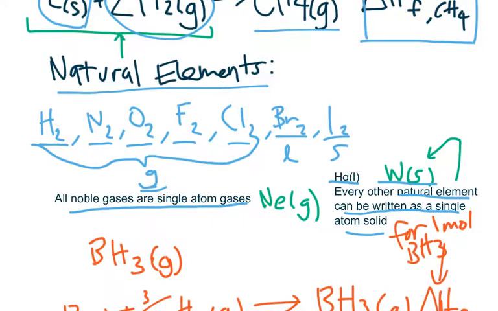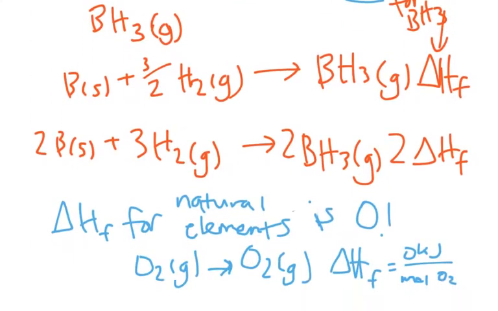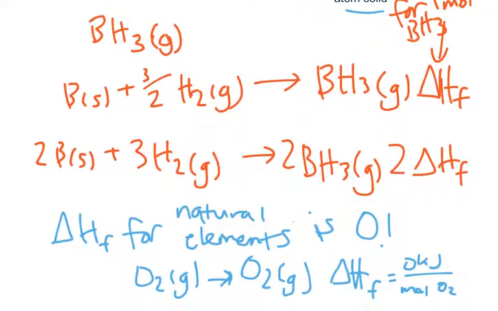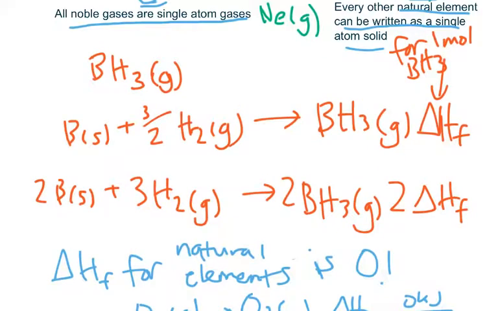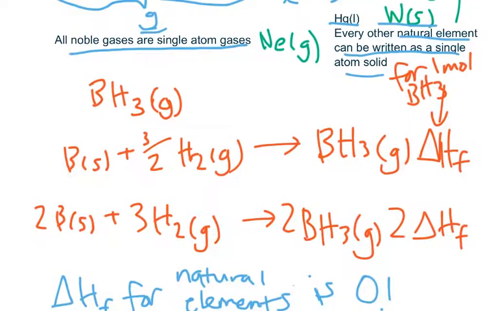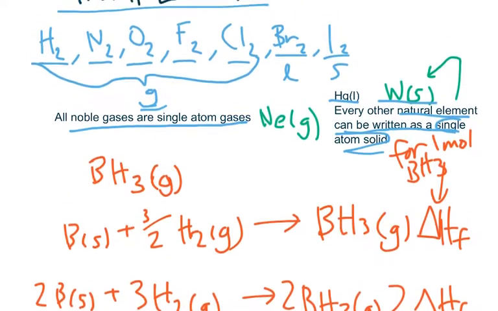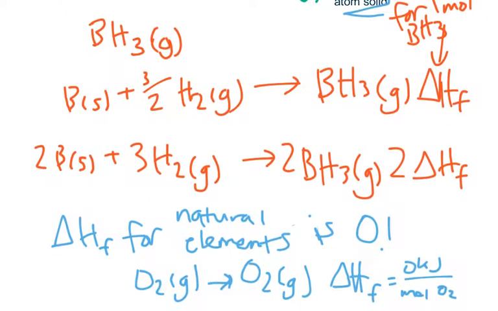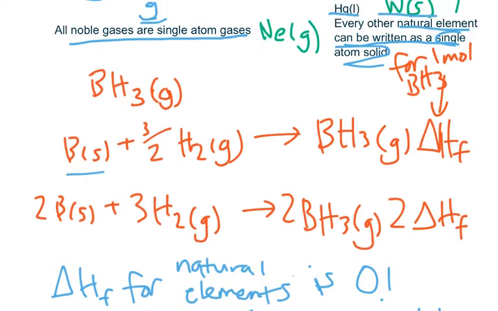Now let's do a little practice and write the ΔH of formation for borane, BH3. So to write this, we need to form 1 mole of borane from natural elements found in their natural state. So B, boron, will be found as a single atom solid, because it's not part of the exceptions that I listed above. So we could just write B, solid, and notice we only need 1 of them since there's 1 B in BH3.